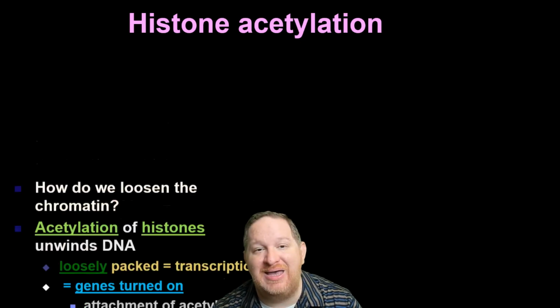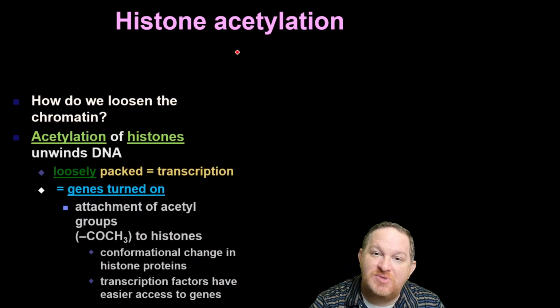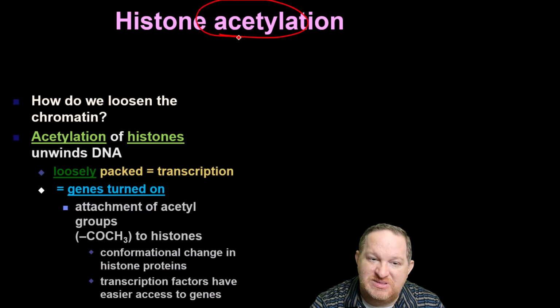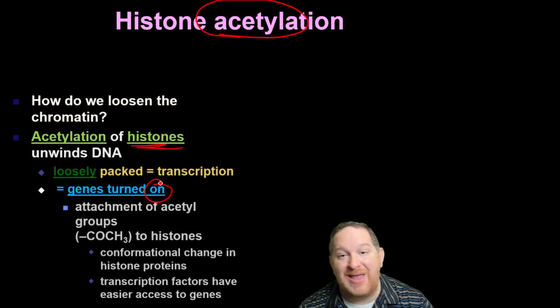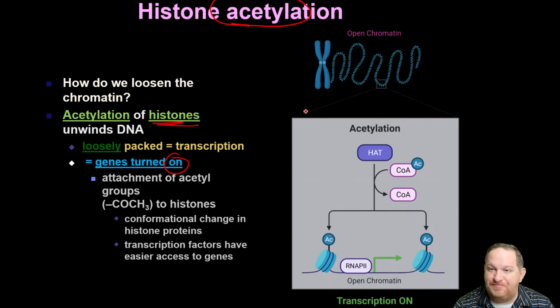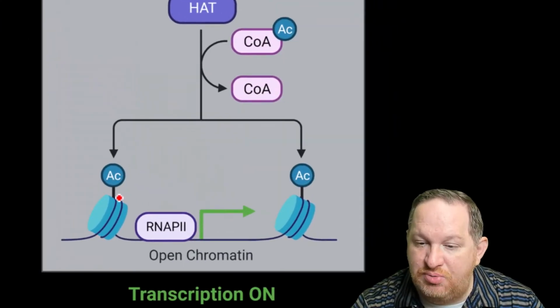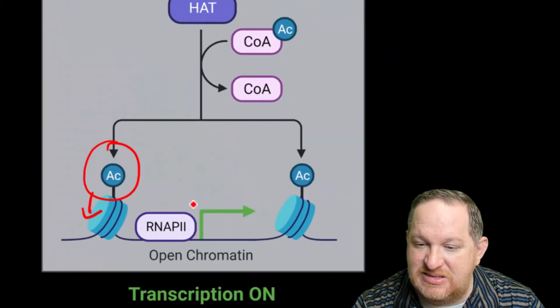One way then that we can loosen or tighten that DNA packing is through histone acetylation. So acetyl groups can be attached to these histone proteins and turn the gene on by loosening it up. So let me give you an example. All right, so here's some open chromatin, meaning this is that euchromatin ready to be transcribed. If you look down here, notice that these histone proteins have been acetylated. See the acetyl groups?